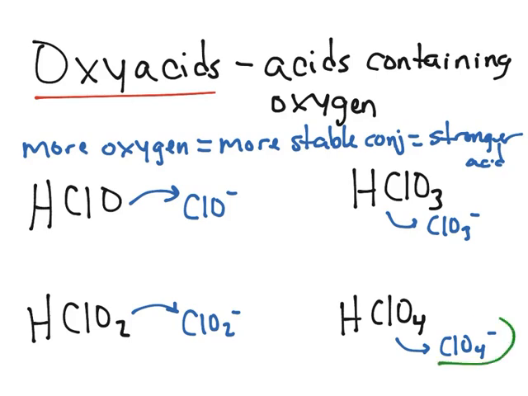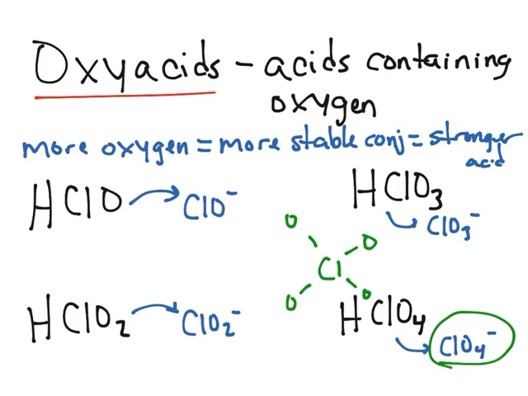So if you think about this ClO4, this isn't quite exactly the right Lewis structure, but the idea of why it works is good enough to think about. This Cl is surrounded by 4 oxygens, which are more electronegative than this chlorine. So this extra electron is going to spend more time on oxygen. But within this ClO4, there's 4 different options as to where that electron can spend its time.